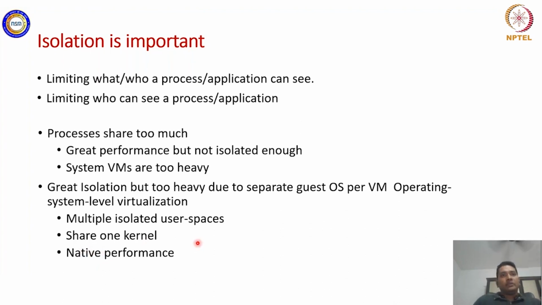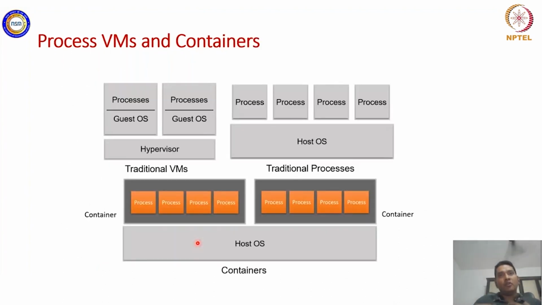So what we will do is go midway between these two extremes, which is the container based approach. This is also one way of virtualizing things. Here we are containerizing several processes which we think can talk to each other, but they need to be separate from, or have some isolation from, other sets of processes.